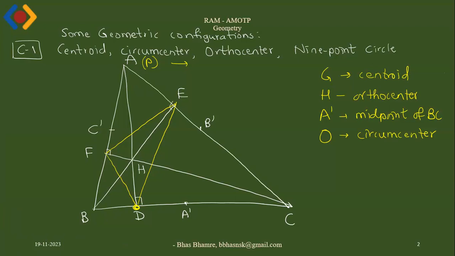It's okay. If some notation is remaining, I will tell you the notation afterwards. See, when we have our triangle, here H is the orthocenter, O is the circumcenter, and A prime is the midpoint.